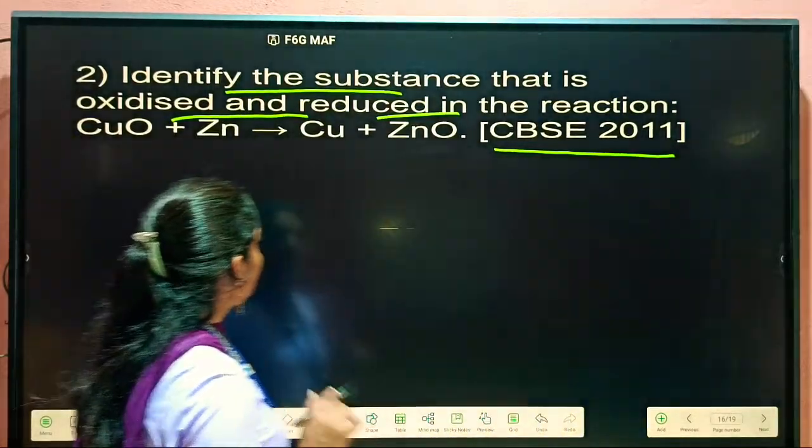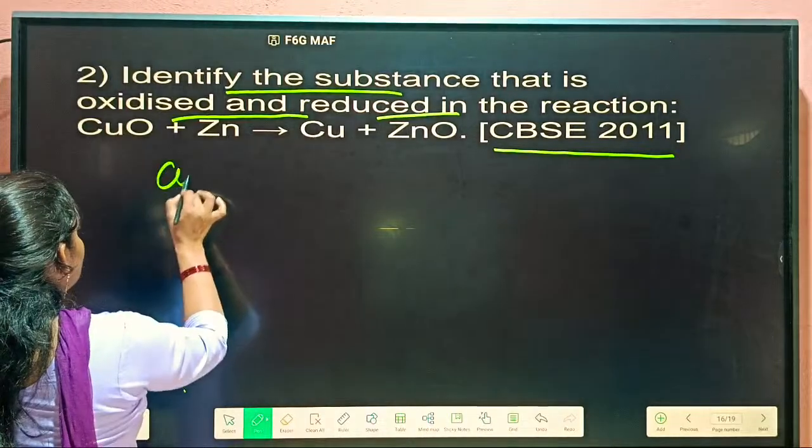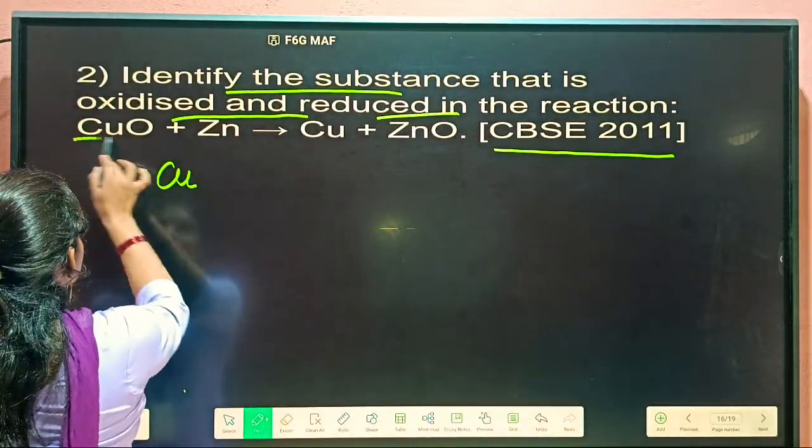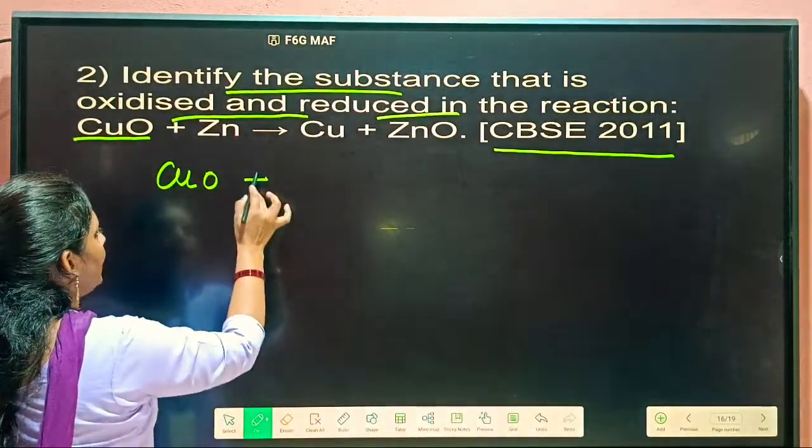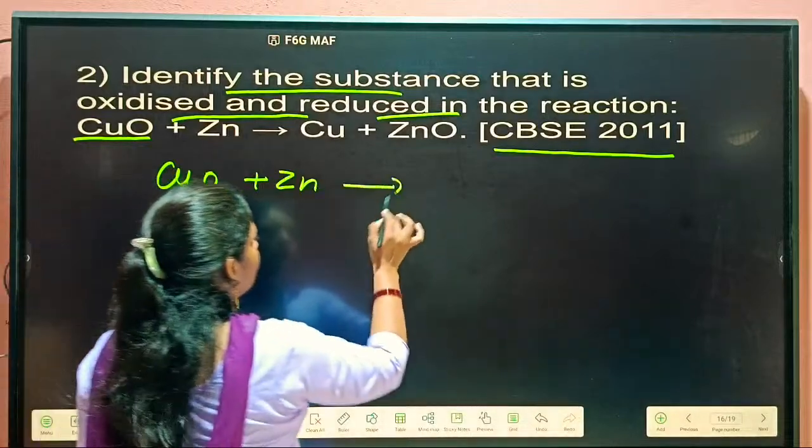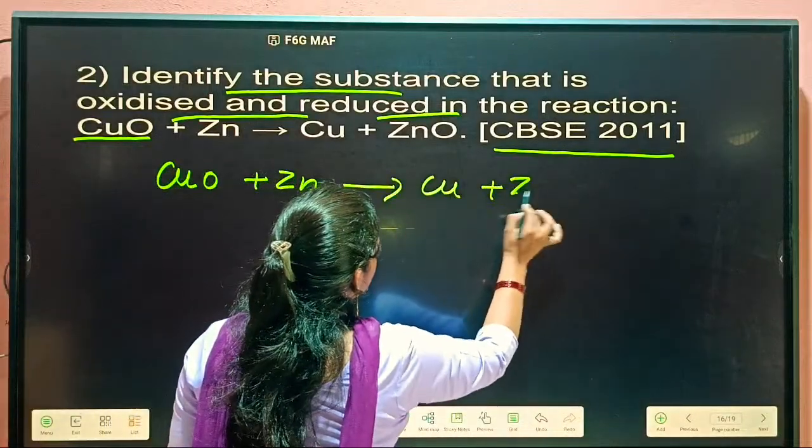Okay students, then here the reaction is given: CuO, copper oxide, plus zinc converting into copper plus zinc oxide.